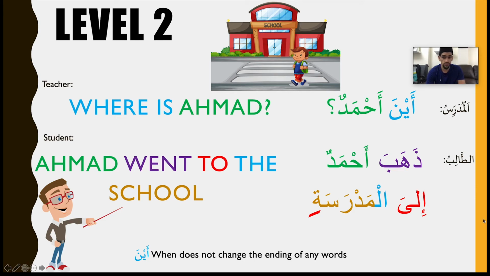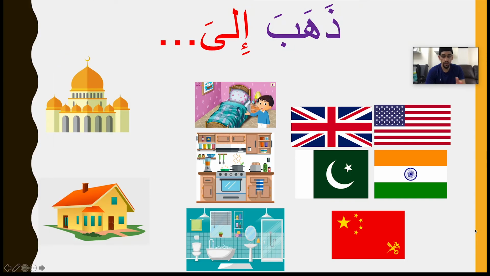We're making full sentences and having full conversations from all the words that we have learned. And this same rule of saying ذهب إلى, we can apply to almost all the objects we have learned so far: the mosque, the house, room, kitchen, the bathroom, and even the countries.